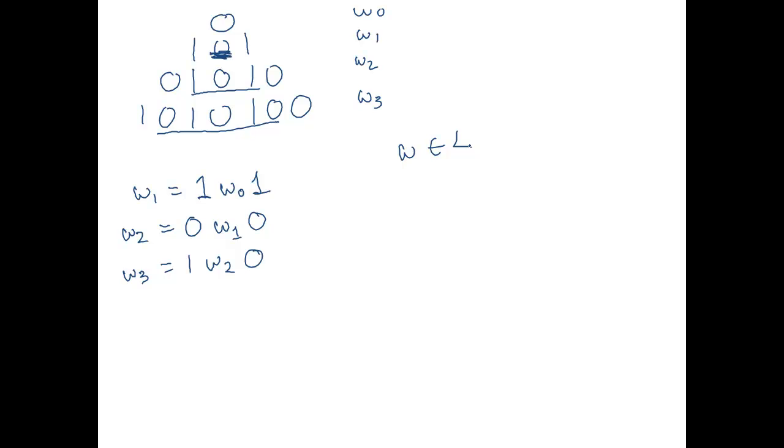What can I do to W and end up with another string in the language? Well, W prime can be equal to anything from this set. I could add zeros on either side. I could add ones on either side. I could add a 0 and a 1, or I could add a 1 and a 0.